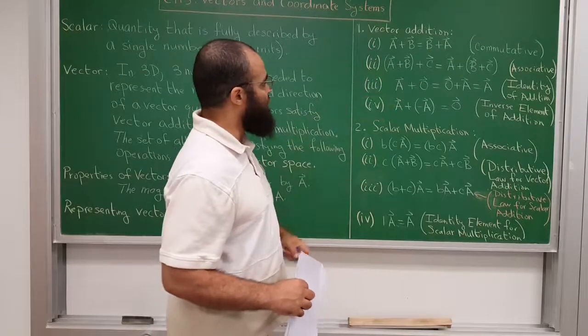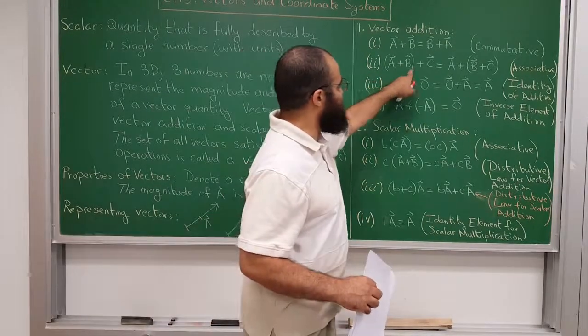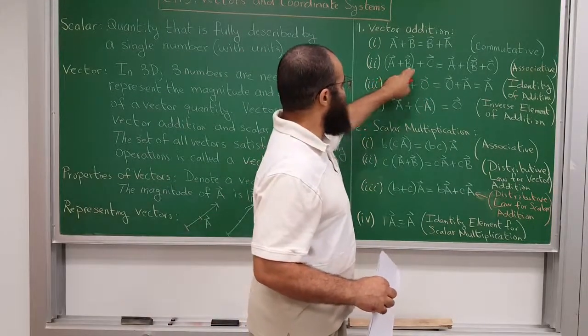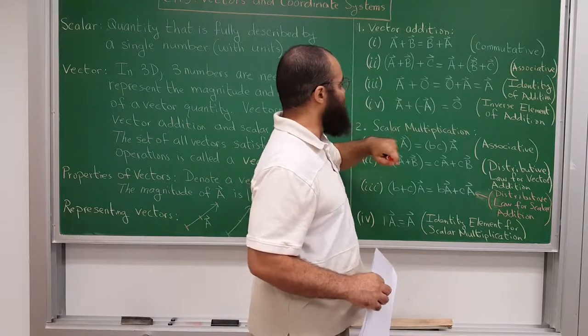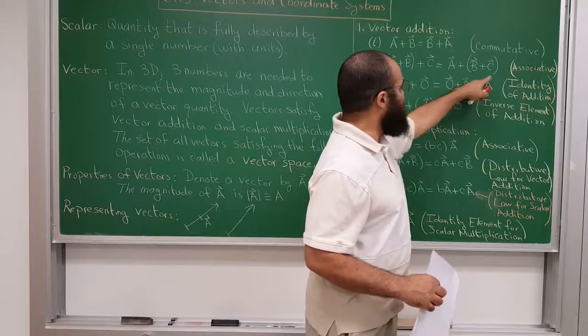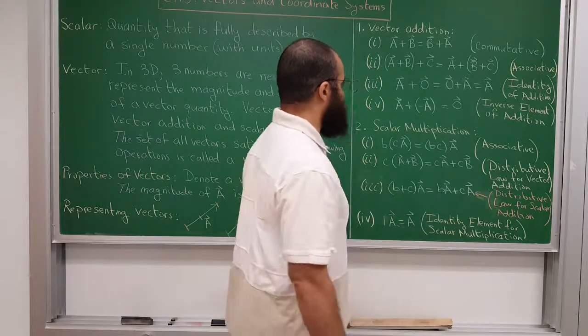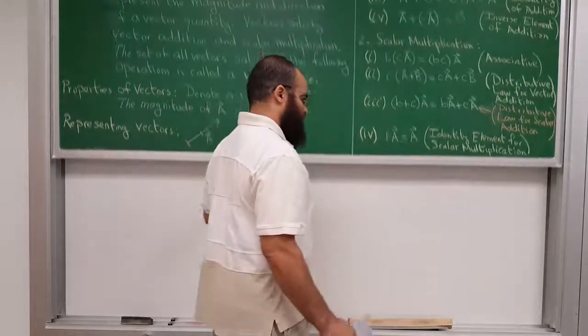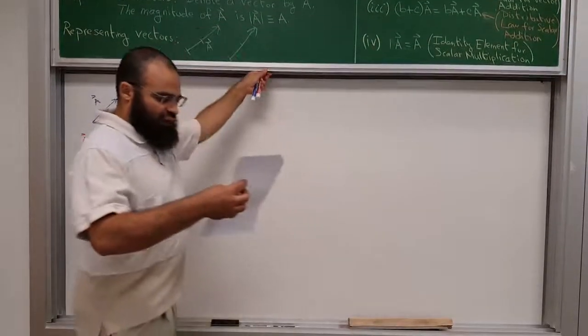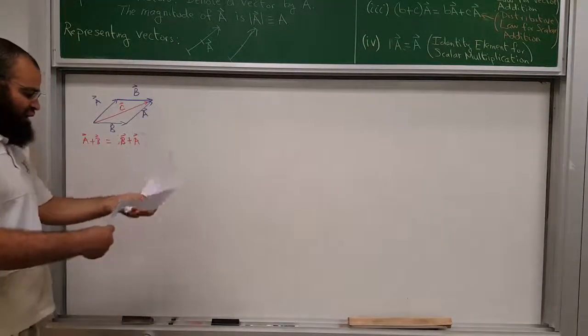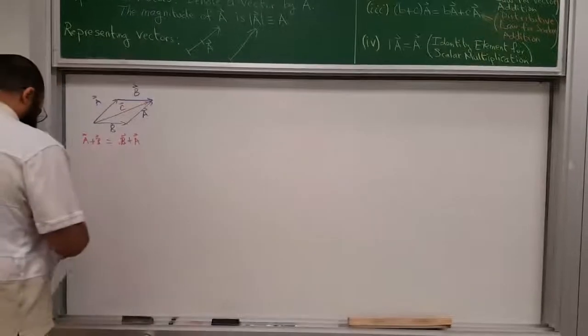the associative property. If I have three vectors, A plus B plus C, I can add A and B and then add to them C, or I can add B plus C and then add to them A. It doesn't matter. It's associative. And again, geometrically, you can represent it as the following.